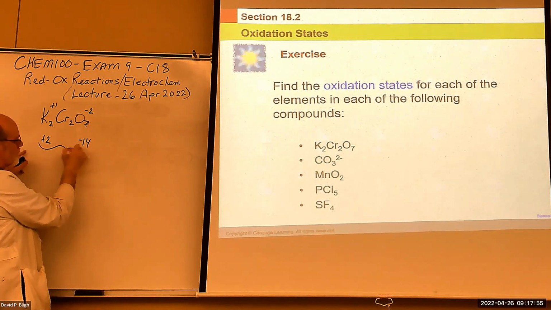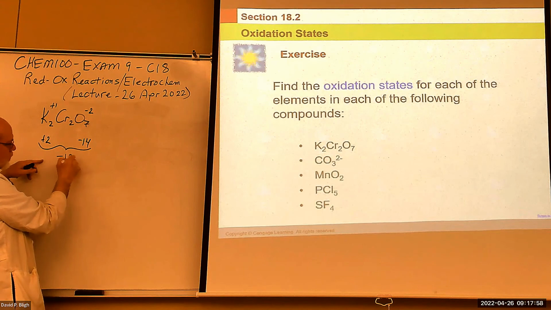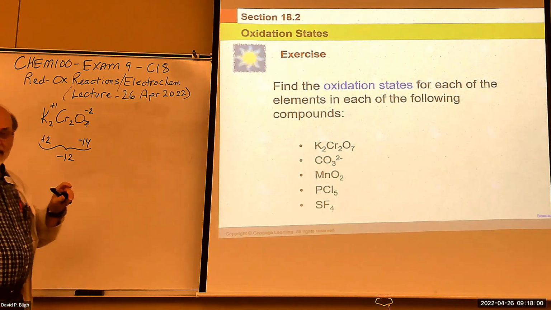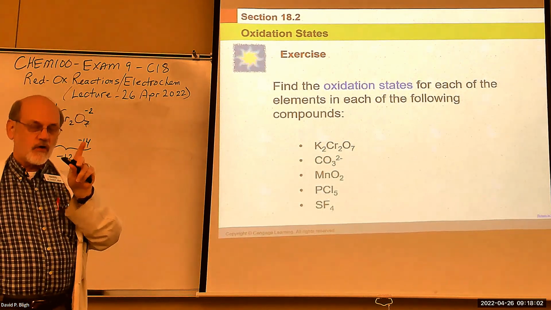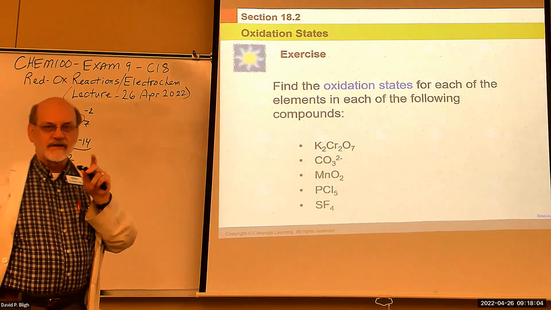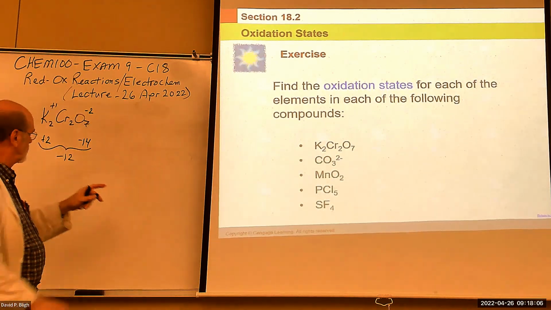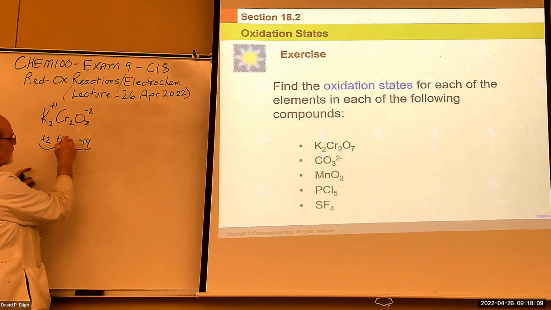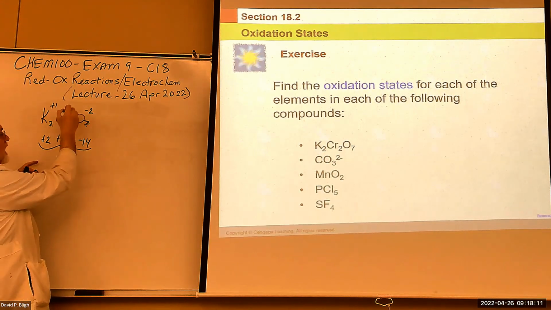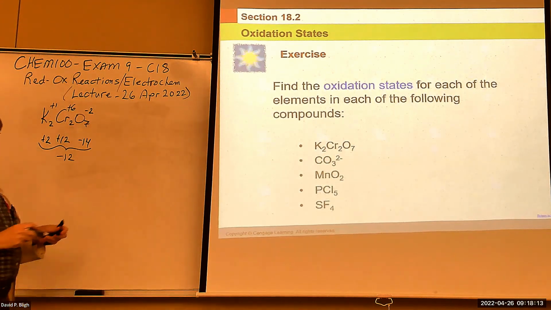So what do we have with these two? These two are -12. That means those two chromiums must balance the -12 with a +12. So a +12 for these two means that each one has to be +6.